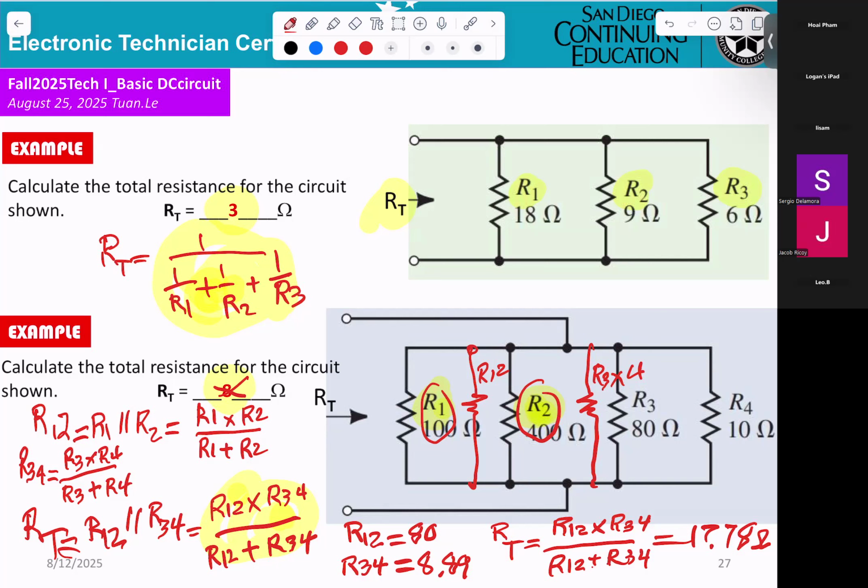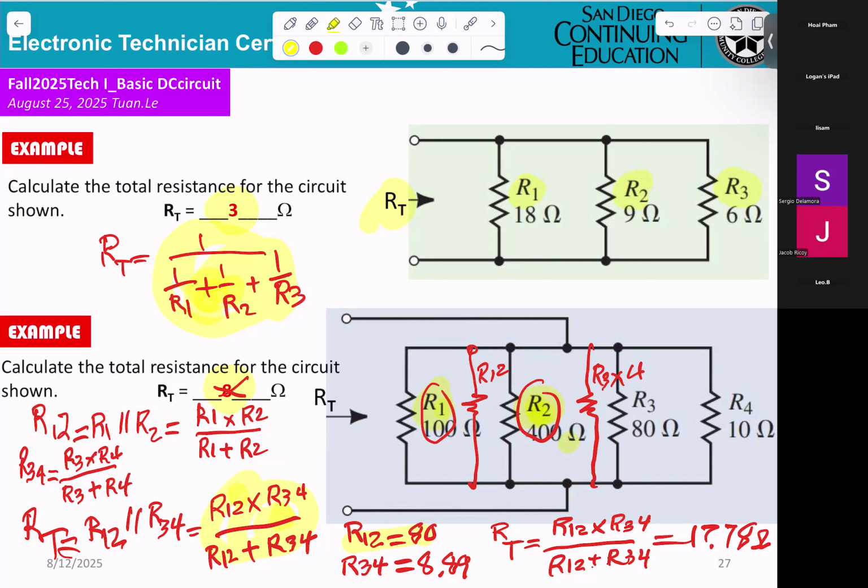Now, if you do the calculation, you can get R1. What do you get? I got 8.002. Yeah, that's what I got too. What about 1 and 2 parallel, 100 and 400 in parallel?